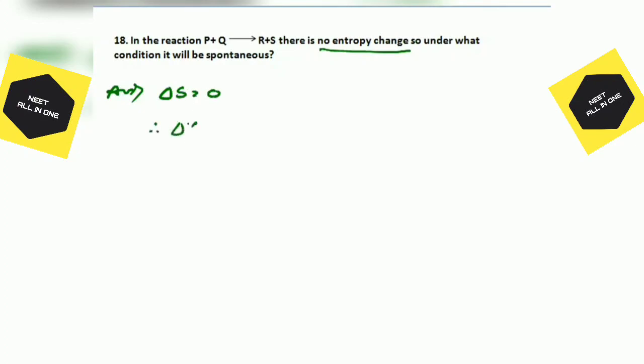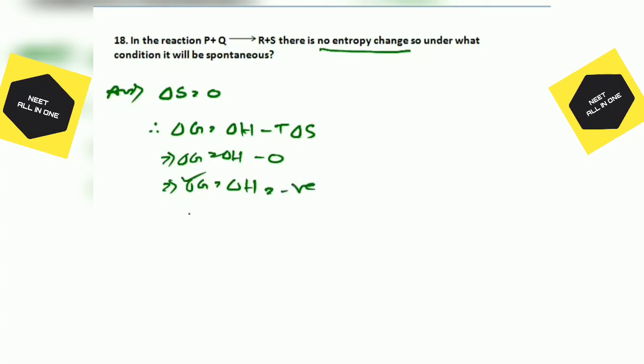We know del G equals del H minus T del S from the Gibbs energy equation. If del S is 0, then T del S will also be 0, so del G will be equal to del H. If this del H is negative, then del G will be negative.